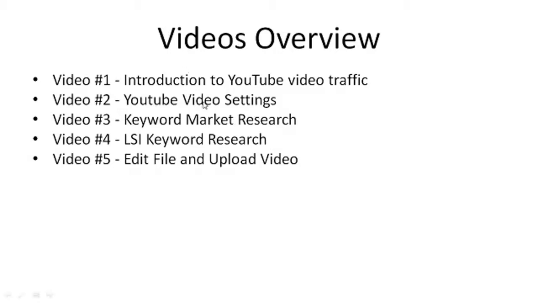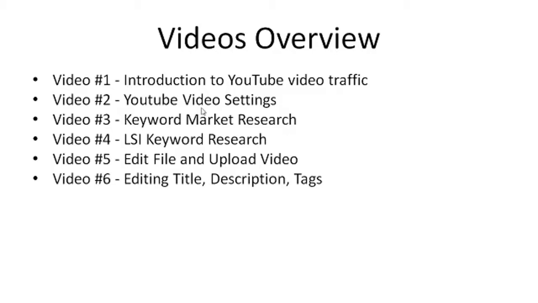Now, once we've done all the proper keyword research and video setting research, we can then render the video, edit the file, which is something that most people bypass, but editing the file on your computer, I'm going to show you how to do that, and then we'll upload the video to YouTube.